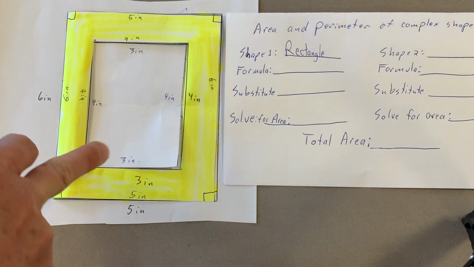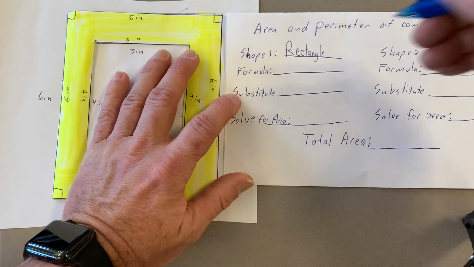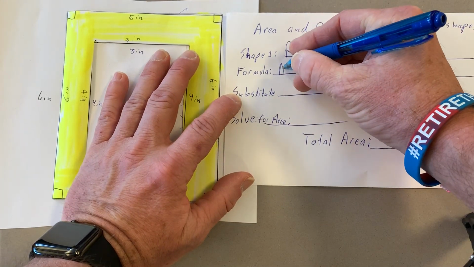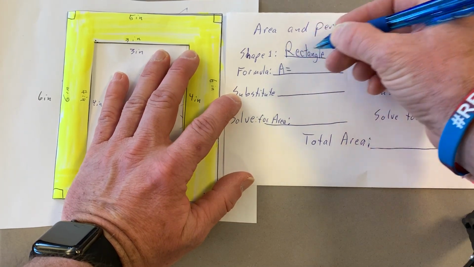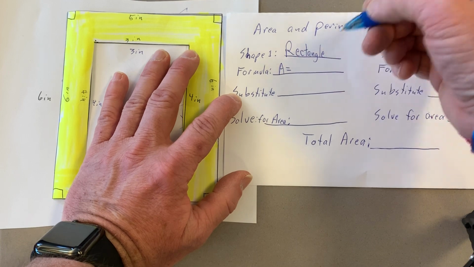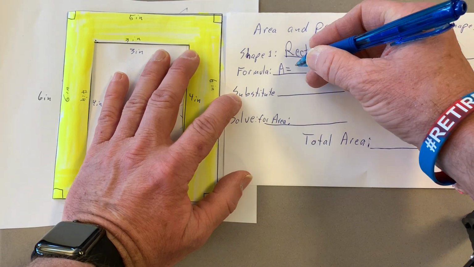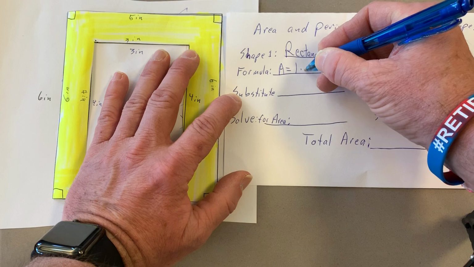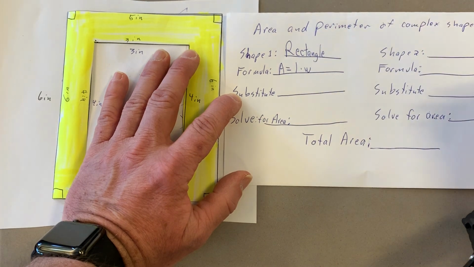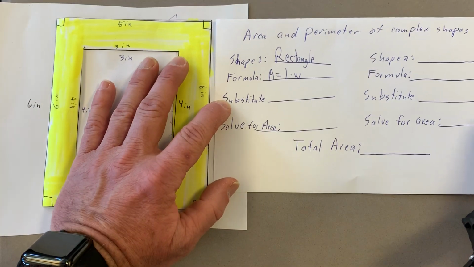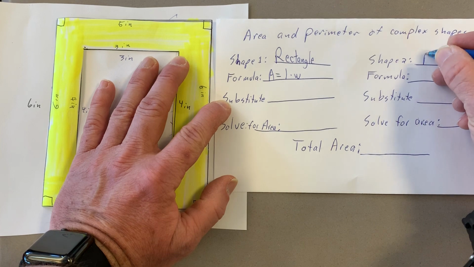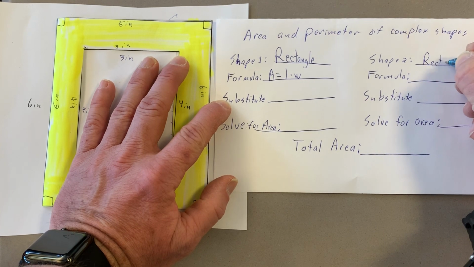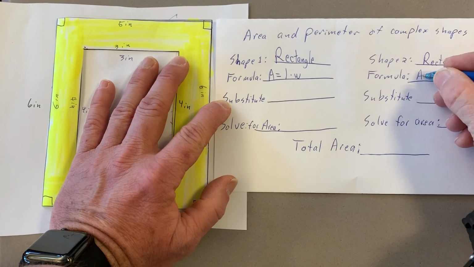So in this case, we're taking the area of 2 rectangles, and I'm going to give you the formula for rectangle separately if we were doing it otherwise in class. But here, I'm going to give it to you for this. Rectangle is length times width, simply put. I'm actually going to put that in for both of them because shape 2 is also a rectangle. I'm just going to fill it in so that later we don't have to waste time on that step.